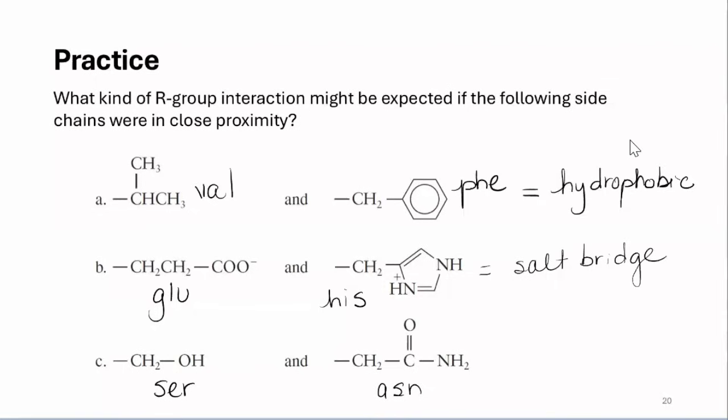So what would be the interaction between a serine residue and an asparagine residue? In the case of serine, we have a hydrogen connected to oxygen. In the case of asparagine, we have an electronegative oxygen. So these two amino acids can interact via hydrogen bonding.